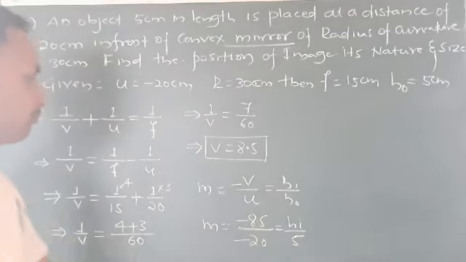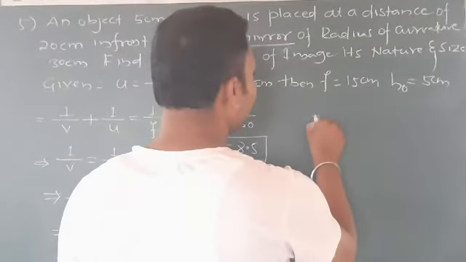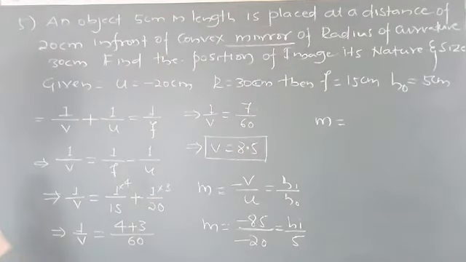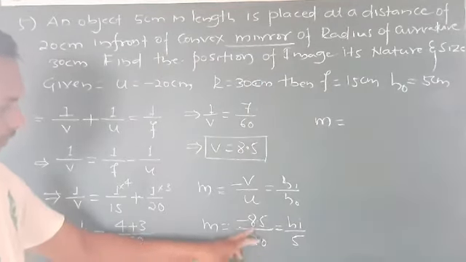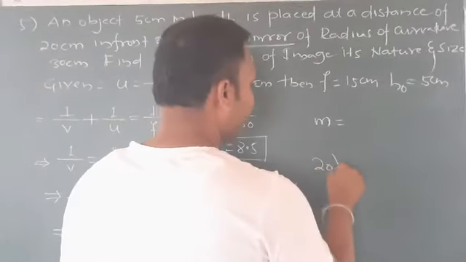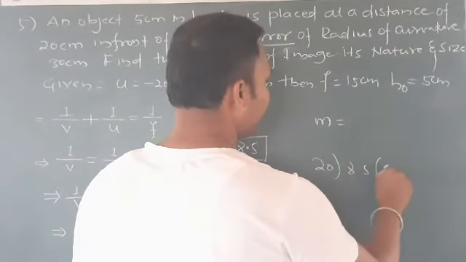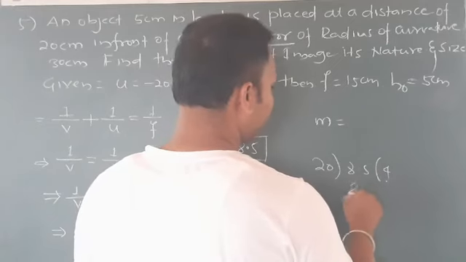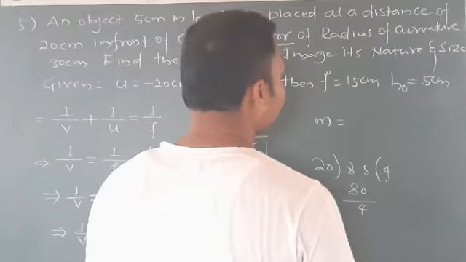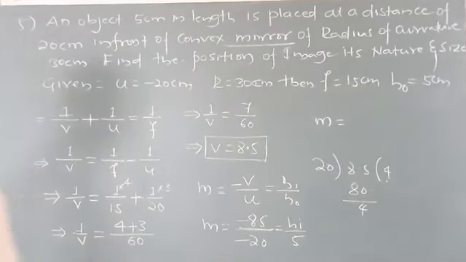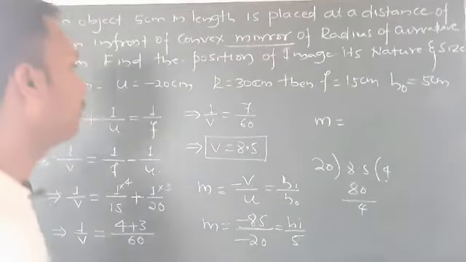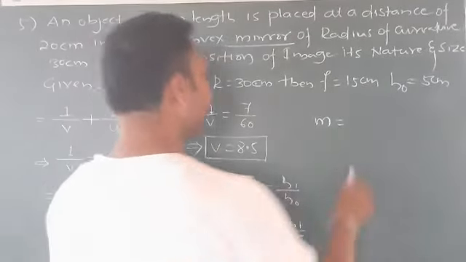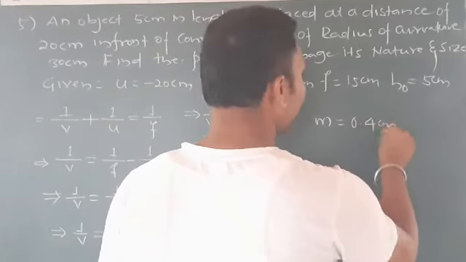Now how much will we get? m is equal to, we will get here 8.5 by 20, this is 85, so 4 4s are 16, if we get here 80, so 4 is remaining, so we'll get 0.4 here. So we'll get m is equal to 0.4.